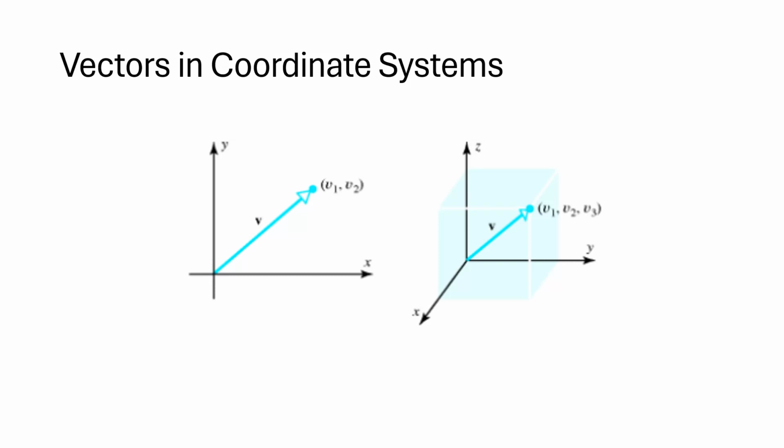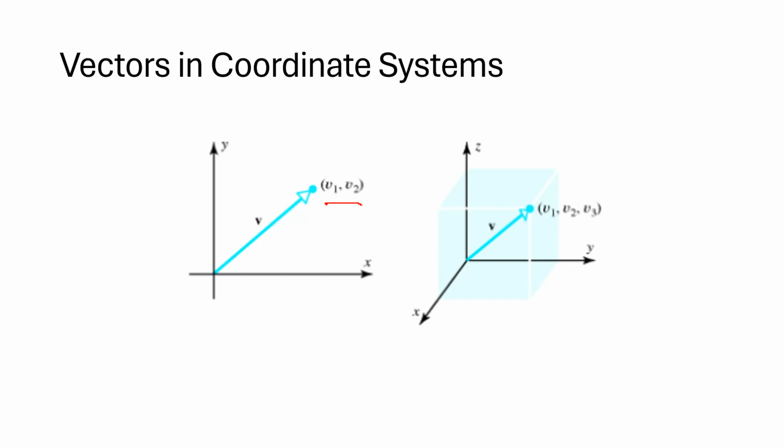We will write v as an ordered pair (v sub 1, v sub 2) to denote that the vector v is in 2-space, and we could have v equals (v sub 1, v sub 2, v sub 3) to denote that the vector v is in 3-space with the components v sub 1, v sub 2, and v sub 3.